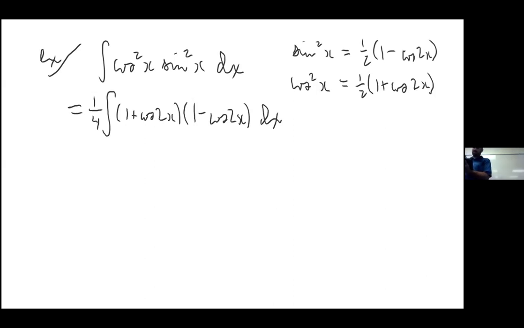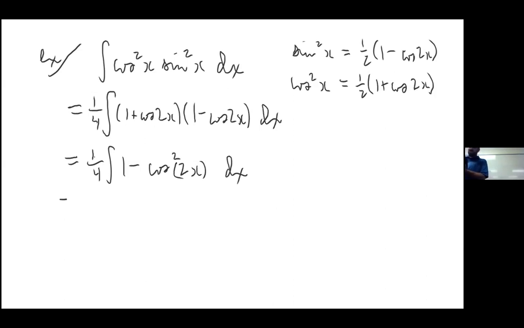So you have 1/4 integral of 1 plus cosine of 2x minus cosine of 2x minus cosine squared of 2x, dx. And you say, now what? I know how to do the first thing.